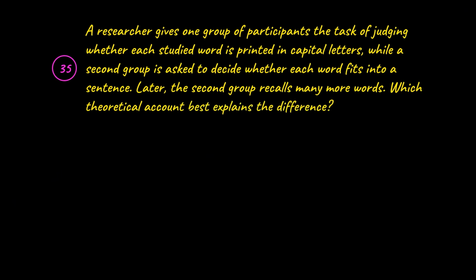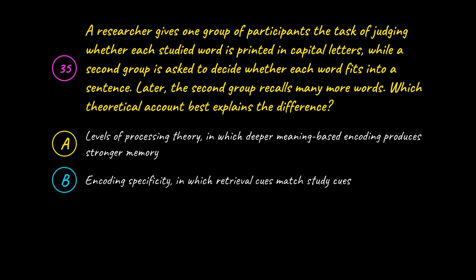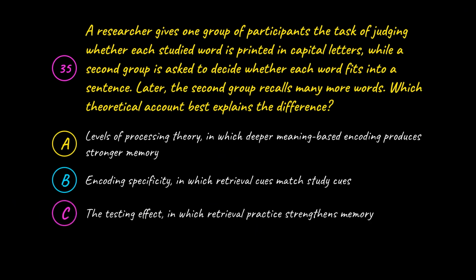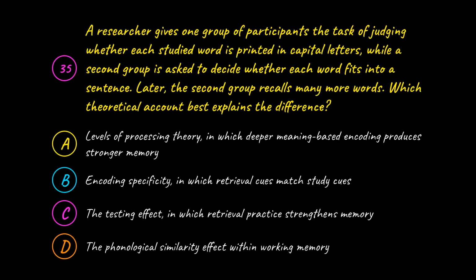Your options are A. Levels of processing theory, in which deeper meaning-based encoding produces stronger memory. B. Encoding specificity, in which retrieval cues match study cues. C. The testing effect, in which retrieval practice strengthens memory. D. The phonological similarity effect within working memory. Before I reveal it, which one do you think is right?